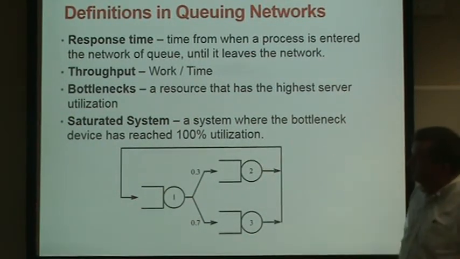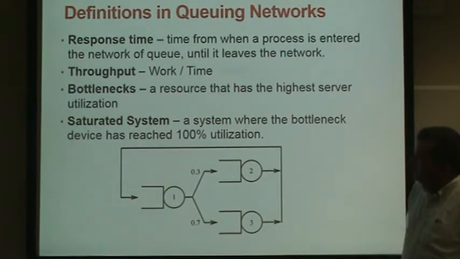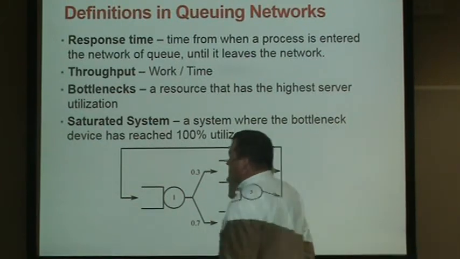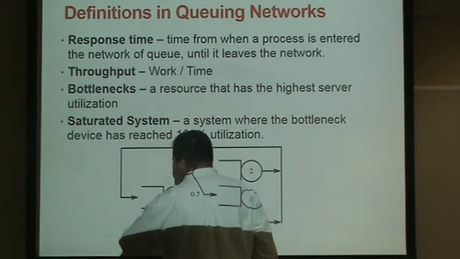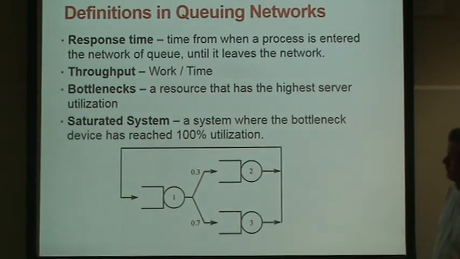So this would be a network of queues where the output of one queue feeds other queues. The response time of a system like this, if it was an open system, would be the time from when you came into the system until the time you left. The throughput is the amount of work divided by the amount of time it takes to get the work done.